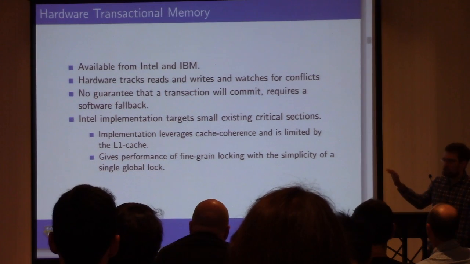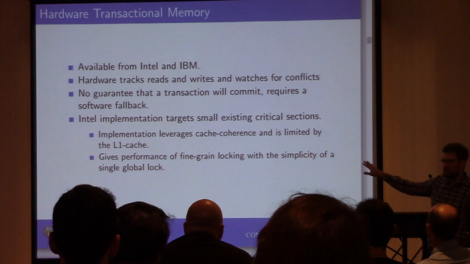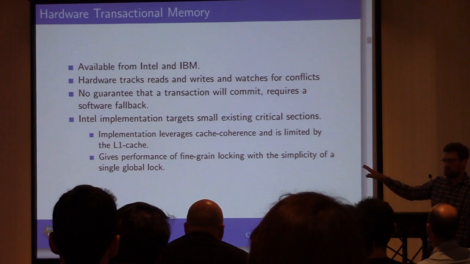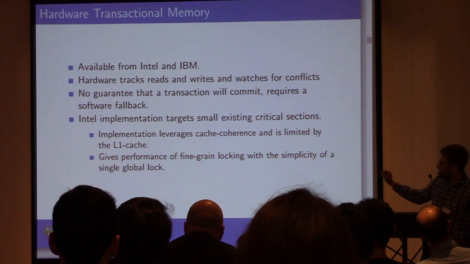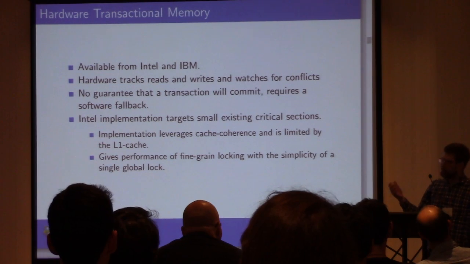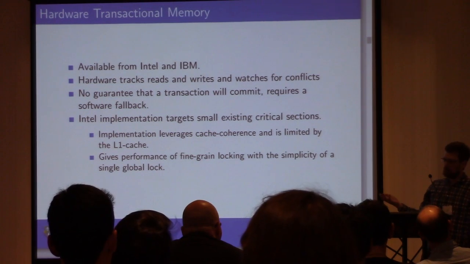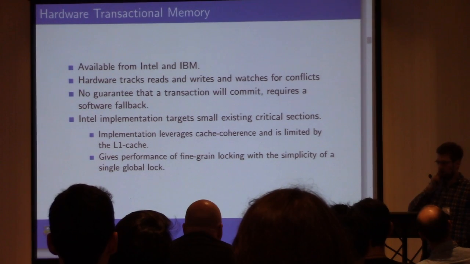In particular, the Intel implementation is targeted at replacing global locks in existing programs. If you have a critical section and you're doing some work in it, instead of actually taking the lock, you just say, this is a hardware transaction and this is the lock that would normally protect it.